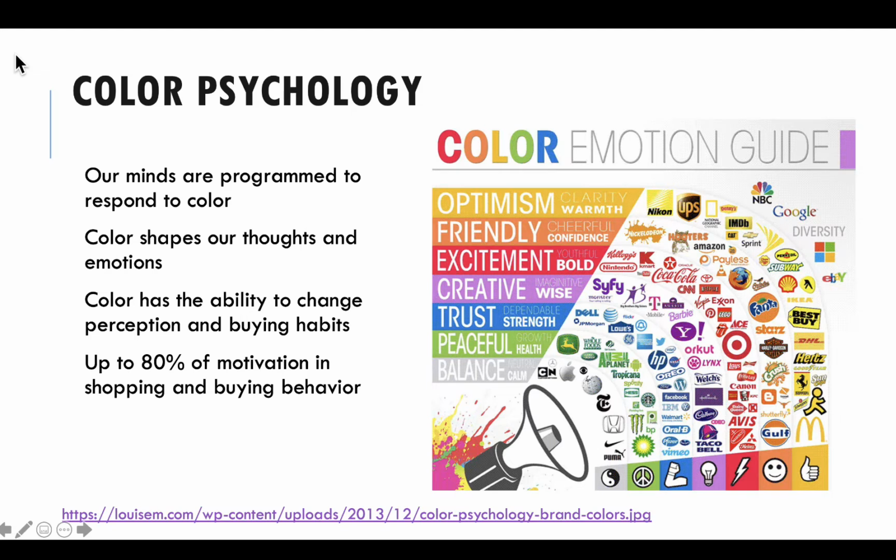I've done this test a long time, and most students say, you know what? I really like the green, and I like the green because I remember having the greens as a kid. So remember that we're really programmed from a very young age to respond to color. That shapes our thoughts and our emotions about things, about products, about brands, about the clothes we wear.